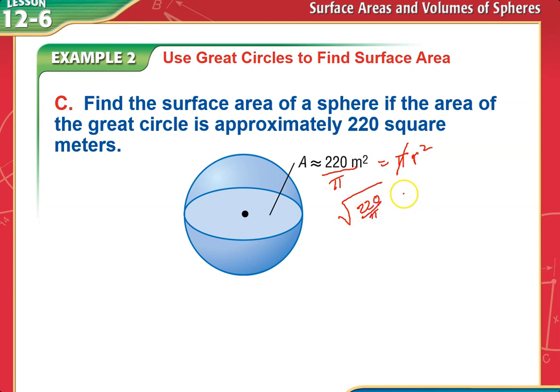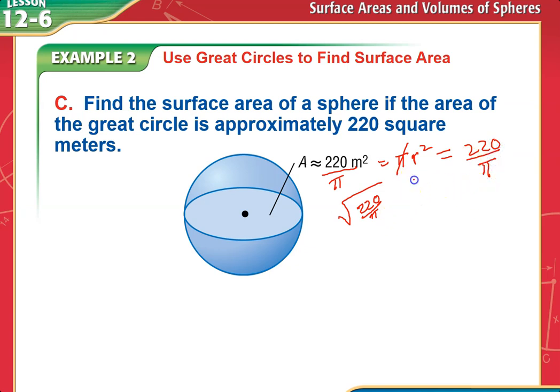So in this case, our radius is the square root of 220 over pi. Or just r squared equals 220 over pi itself.